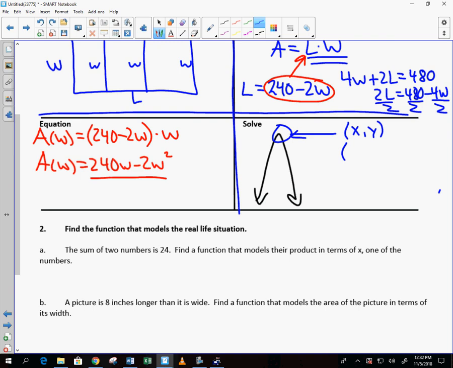We have w, and we have A of w. So our y value is the area. Our x value is the width. Now, what do we call that spot on a parabola? The vertex. Wouldn't it be nice if we had a handy-dandy formula to be able to find the vertex? It would. Shoot. Guess we wait around until somebody invents that.